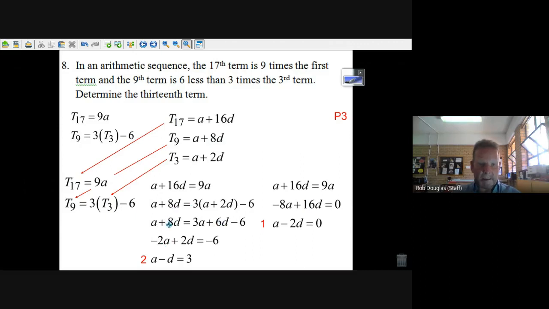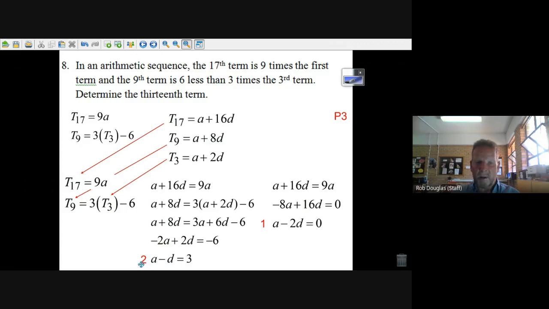I'm going to subtract 6d from both sides. I'm going to get minus 2a plus 2d equals minus 6. Now I'm going to divide everything by negative 2 to make it as simple as I can. Negative 2 divided by negative 2 is a. 2 divided by negative 2 is negative 1d, just minus d. And negative 6 divided by negative 2 is positive 3. There's my simple second equation.